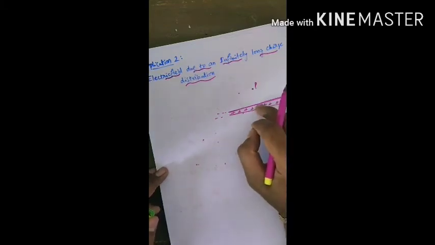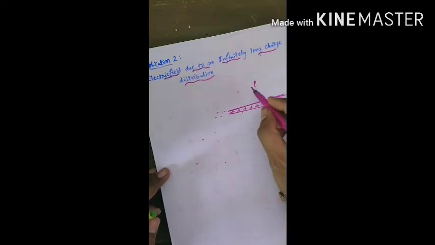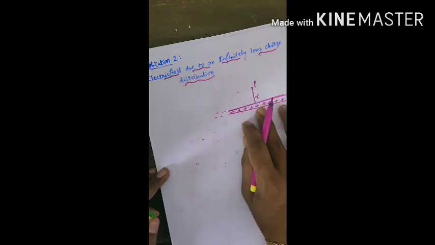So consider a point P which is outside the infinitely long charge. Consider P which is at a distance r from this infinitely long charge distribution.